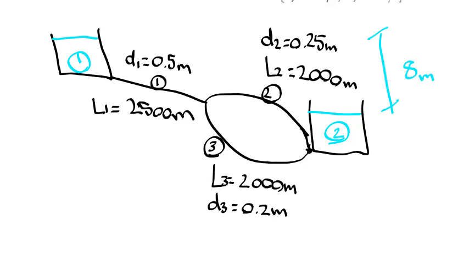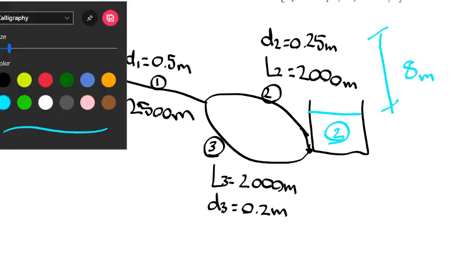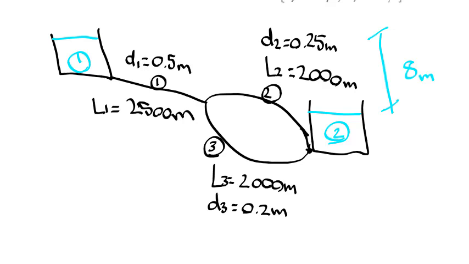We don't really need to put that on the sketch, but if you want to, you can write down what the friction factor is for each pipe. It becomes important to know which friction factor you should use for which pipe, because they might be different in the exam or in the test. In this case you're lucky, all 3 pipes have the same friction factor.